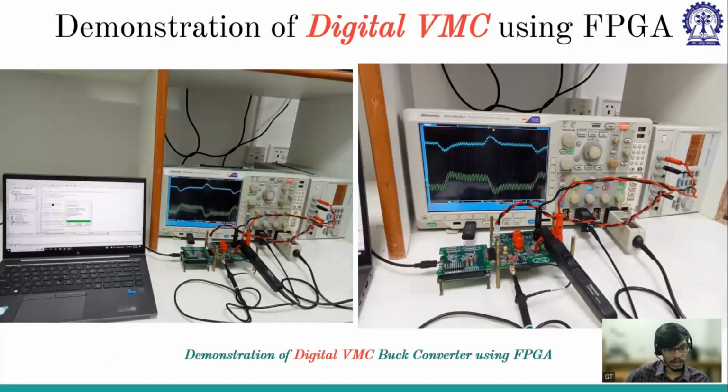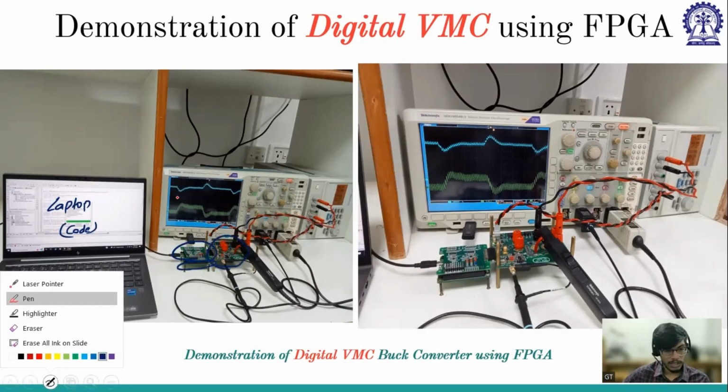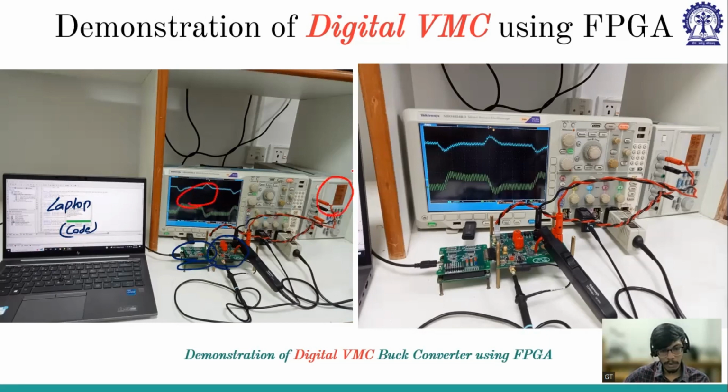So this is the overall structure of the setup. This is the laptop which has the code inside it, and this code is being loaded into the FPGA, which is at the bottom side, and on the top side we have the signal conditioning board. This is the power stage, this is the oscilloscope, and this is the power supply. Whatever power supply is needed, input as well as auxiliary supply, it is giving supply to the board, and we have connected the probes here.